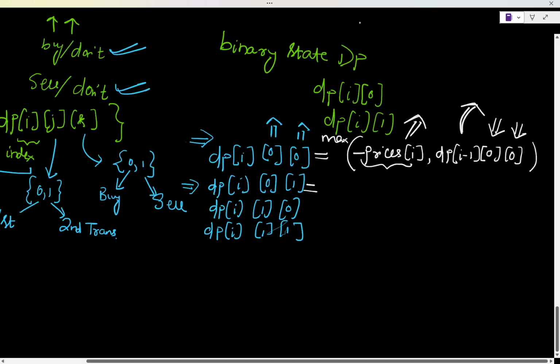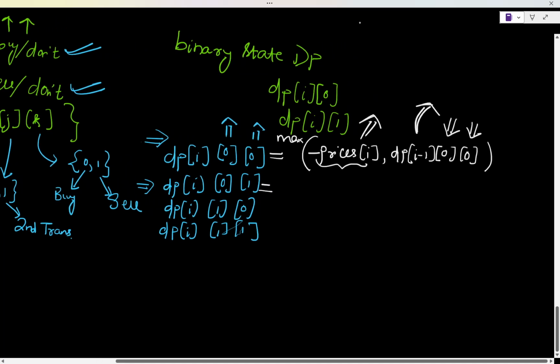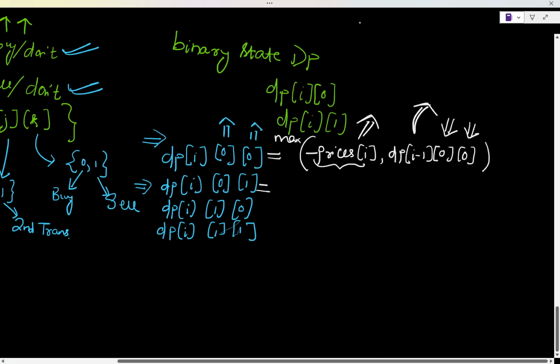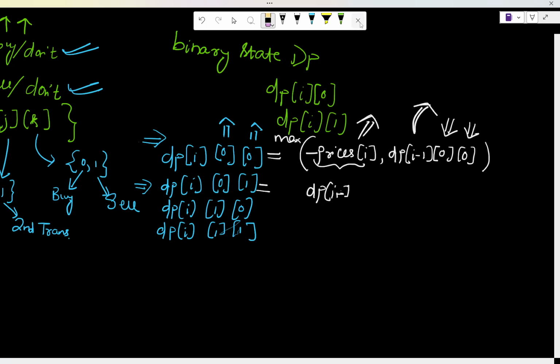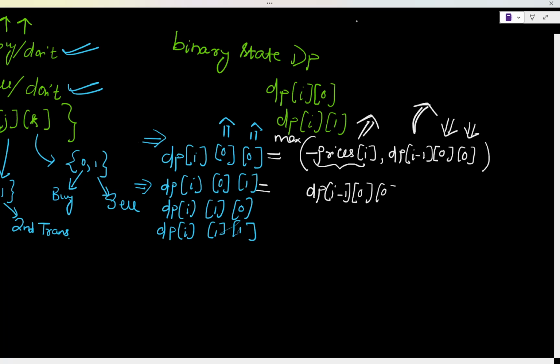Similarly, for first transaction sell, either we sell at the current location, for which prices of I will be positive. But since we are selling, in the previous state for the first transaction we must have done a buy. So in the previous state at I minus 1 for the first transaction, we have done the most optimal purchase, and then we are selling.